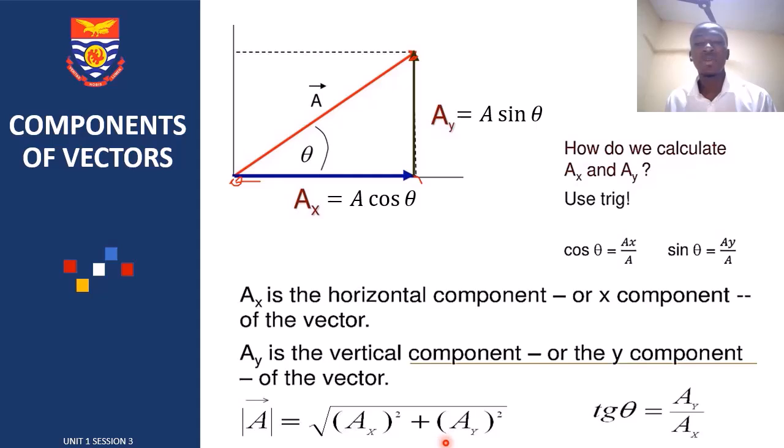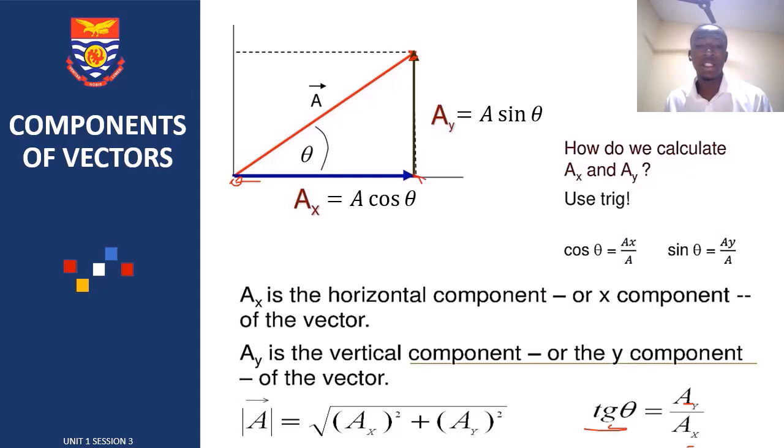Lastly, in case you want to calculate only the direction, then we find the tan of theta, which is always going to give us the opposite over the adjacent, as given here. So tan theta is going to give us Ay over Ax.